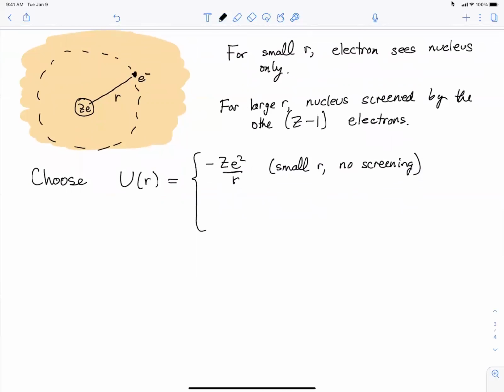And for large r, it should be minus e squared over r, because there are Z-1 charges screened. So you start with a Z from the proton, and then you have Z-1 with the opposite sign from the other electrons. And so it should be some potential like that.